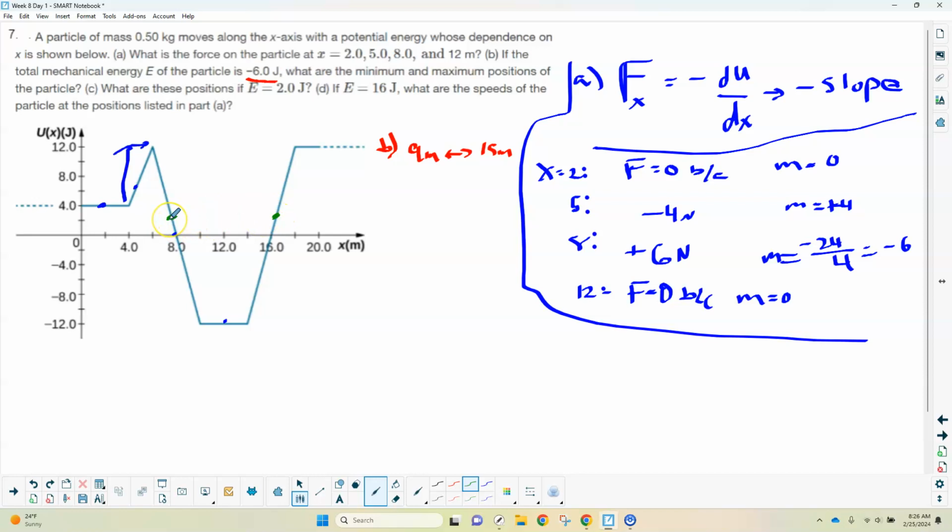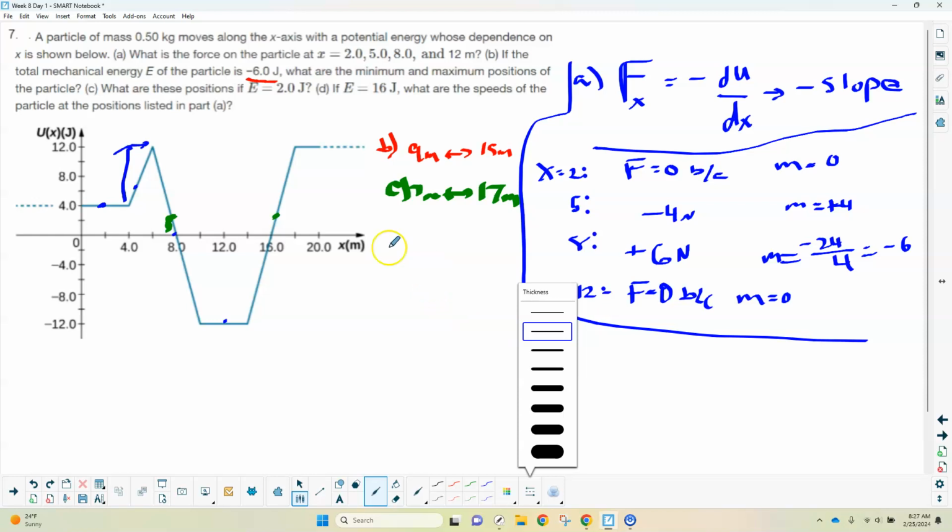Again, estimating, I said it was a little before 8, so for C I called it 7 meters, and the right boundary would be somewhere around 17 meters. That gives the idea of where it can go. If the potential energy is at a maximum here at 2, that's the total energy, so it doesn't have any kinetic energy there and can't go past that position. Those are the boundaries for that one.